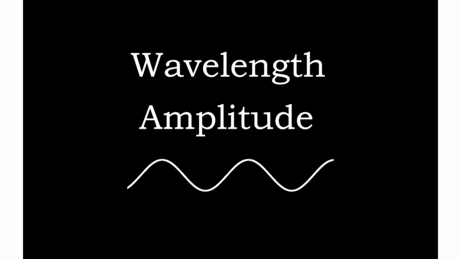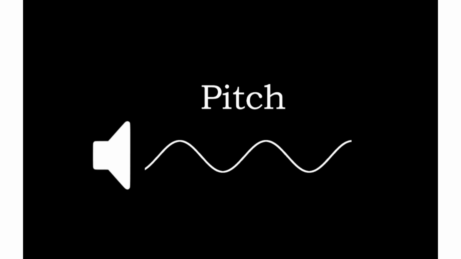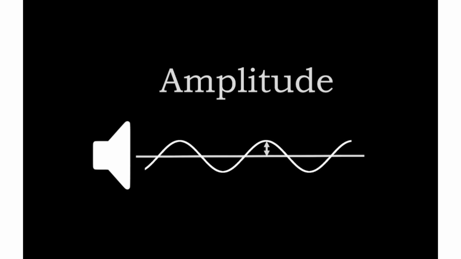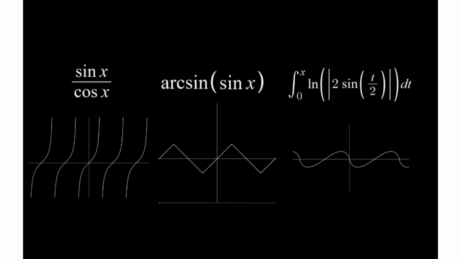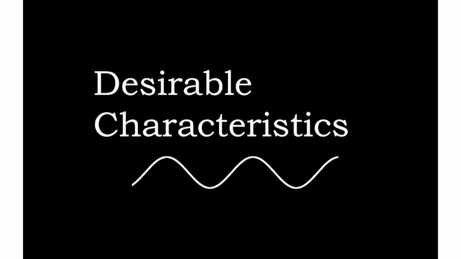These two can be used in various models of the things mentioned earlier to describe various properties of them. For example, the pitch of a sound wave is affected by the amplitude. To answer the question, for one, the sine curve is the most easily defined periodic function by far, and most other periodic functions are deviations of the sine or cosine function. It also has a lot of desirable characteristics.